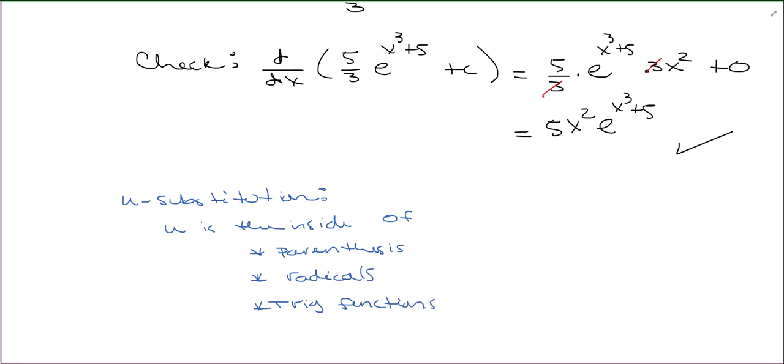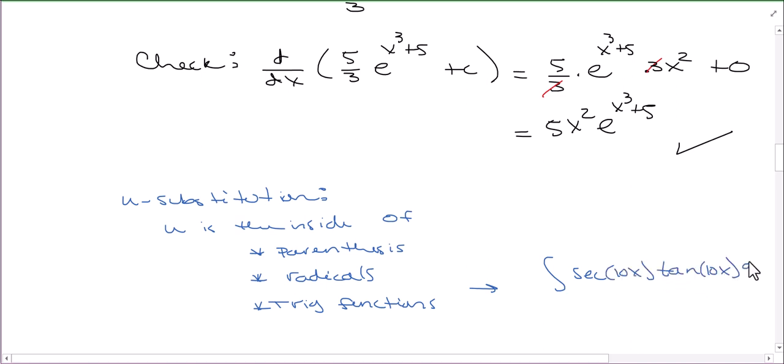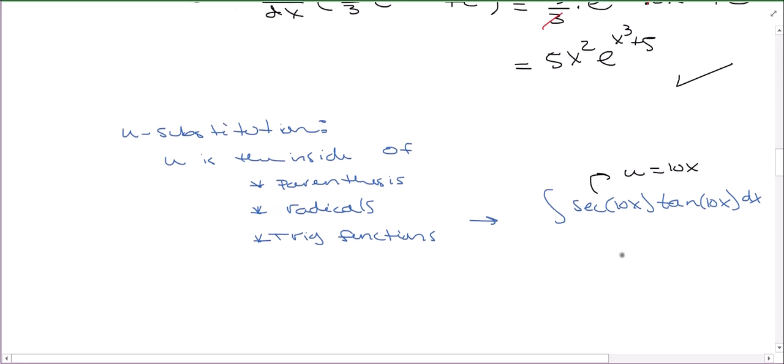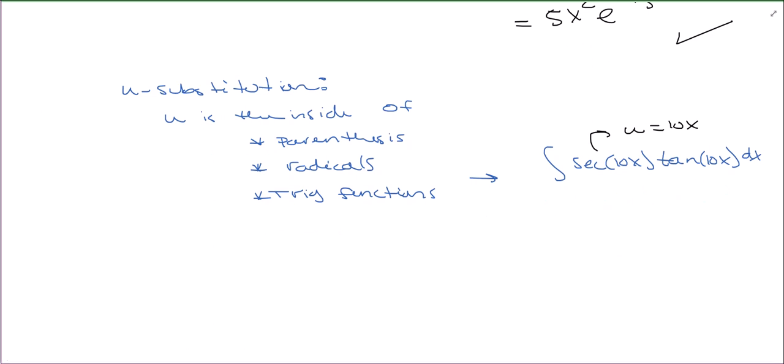So if I had, for example, something like the integral of secant 10x tangent 10x, I recognize that the antiderivative of secant tangent is just secant, but because I have that 10x there, I would let u equal 10x and then make that substitution. So that's what I mean by oftentimes u we let it be the inside of trig problems.